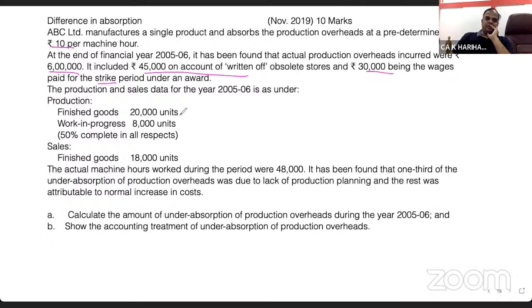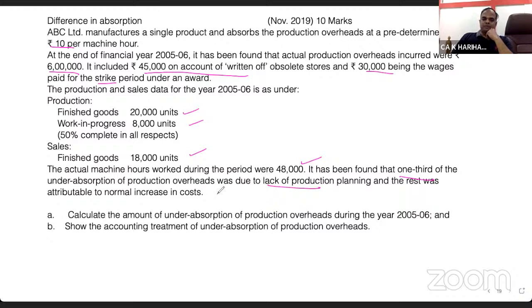Then details of production, finished goods with 50% completion, and sales are available. Number of hours is 48,000. 1/3 of the under absorption is due to lack of production planning. These are the available data.